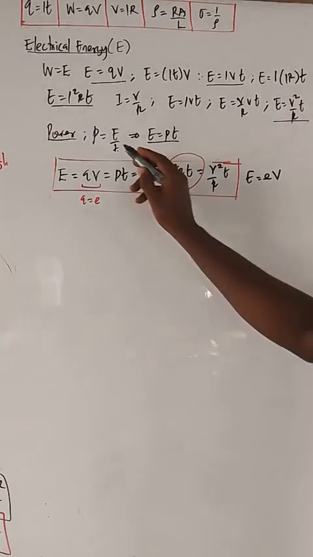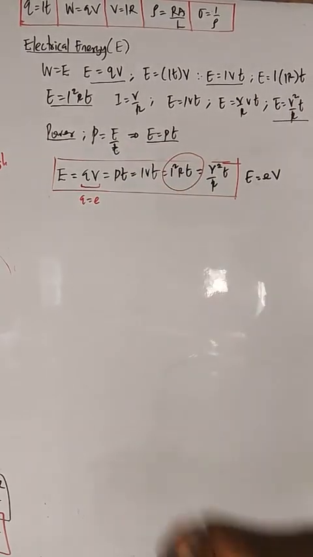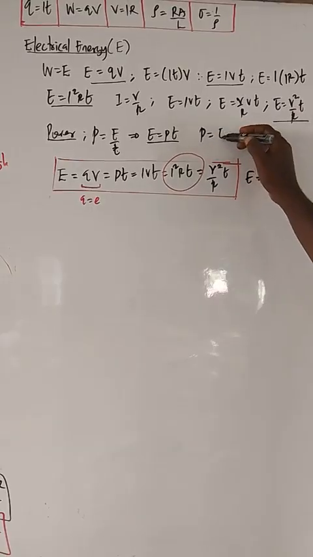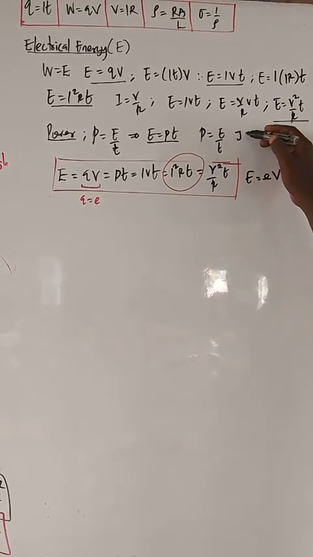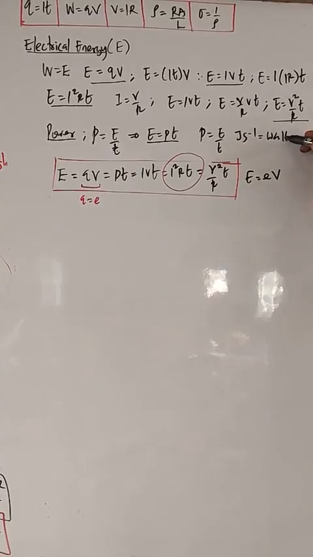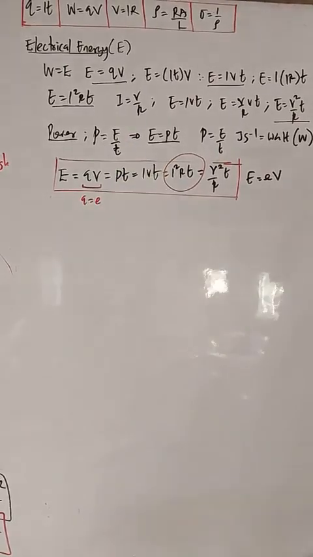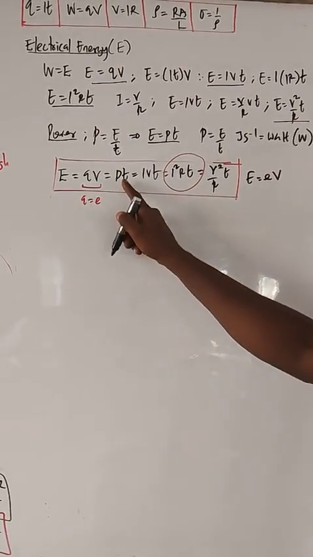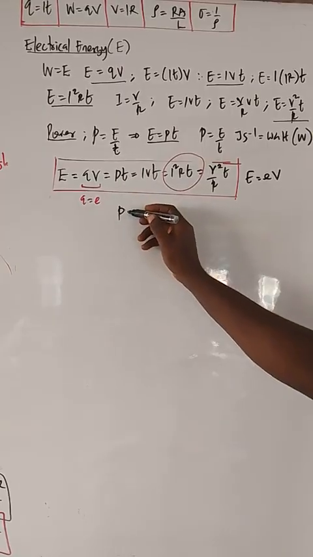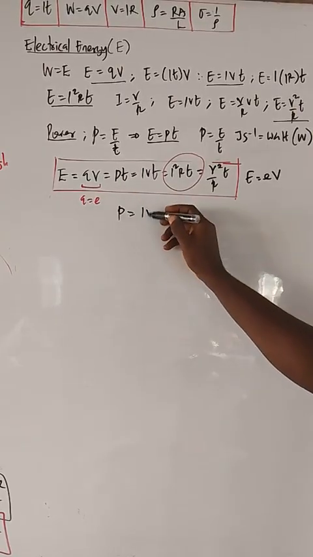Okay. The general definition of power is energy over time. Energy is joules, time is seconds, that's joules per second. Joules per second is also known as watt. So note, the SI unit of power is watt. Power is gotten by dividing energy by time. So let's divide everything here through by T. PT over T will give us P. IVT over T will give us IV.